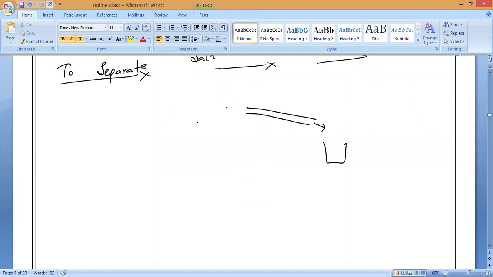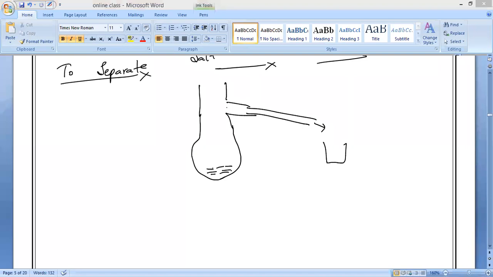But the salt will remain in what? The salt will remain inside the distillation flask only. So we can obtain the salt also from this. That is how we can obtain salt as well as pure water from ocean water or seawater by using a technique called distillation. So this is distillation and how to obtain salt plus water from it.